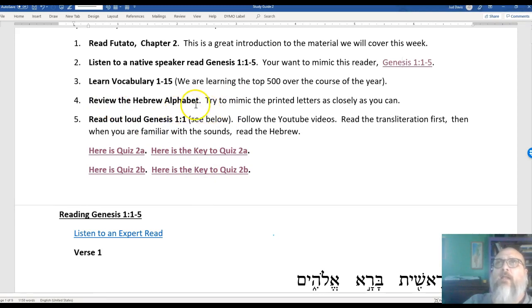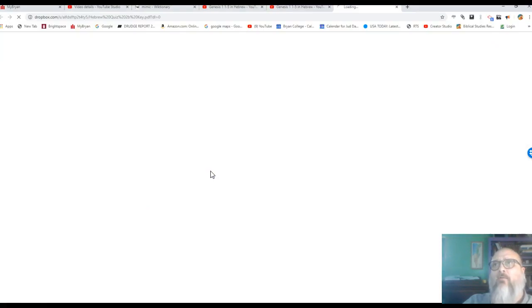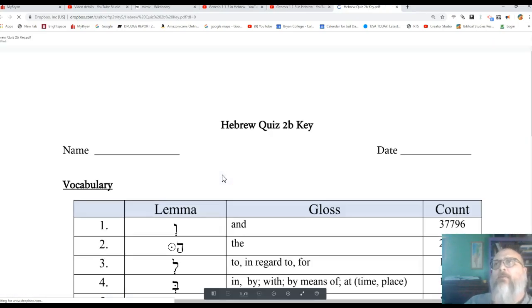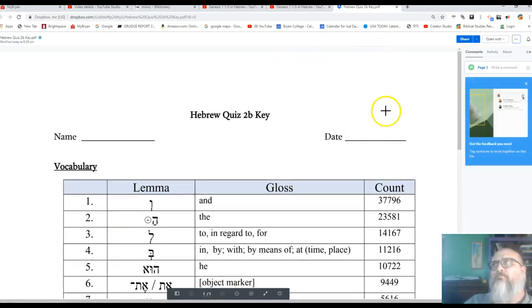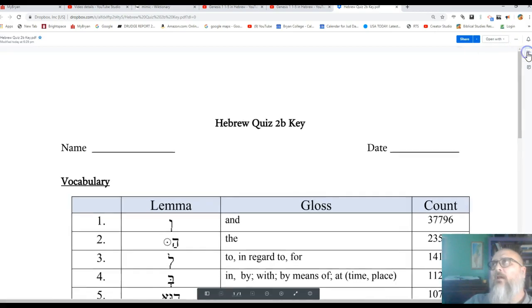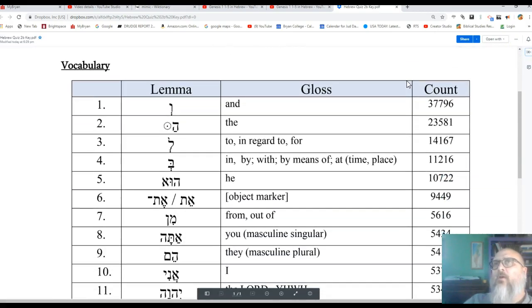Then on Monday, we're going to have this vocabulary quiz. And if we pull that up, here is a list of the words.